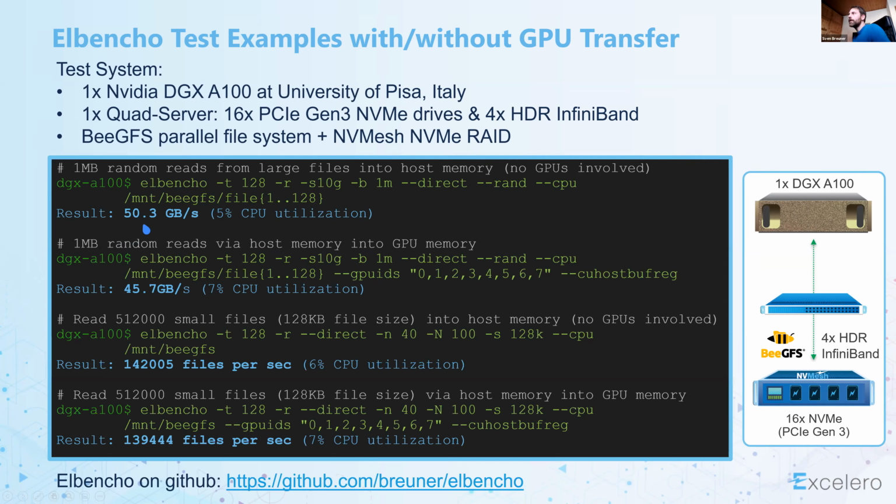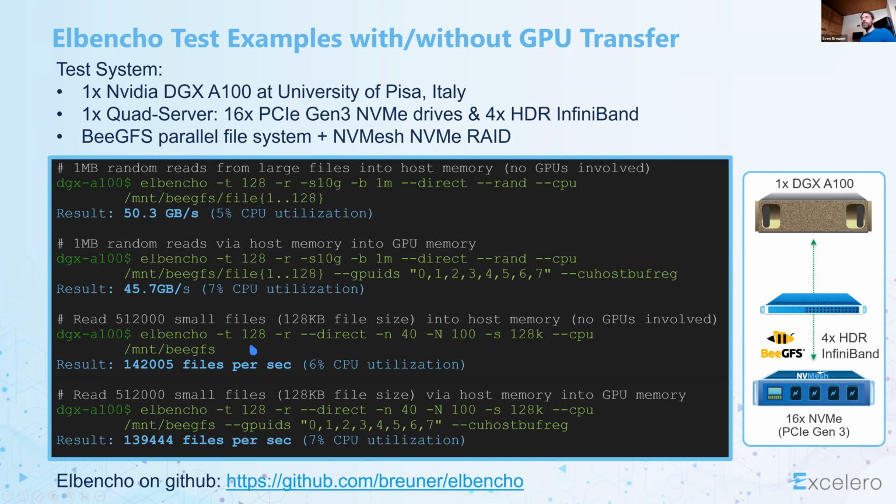Here we're only reading at 50 gigabytes per second into host memory. When we also transfer the data into GPU memory afterwards, we're down to 45.7 gigabytes per second at about 7% CPU utilization. So I would say these numbers are quite good, but you of course need to verify with your storage system at hand whether the difference is about the same or maybe much bigger than in this case.